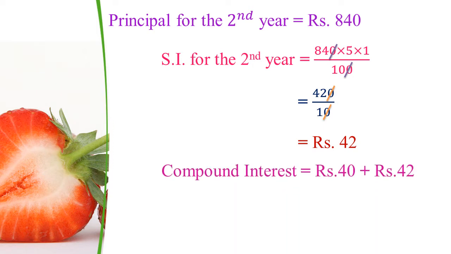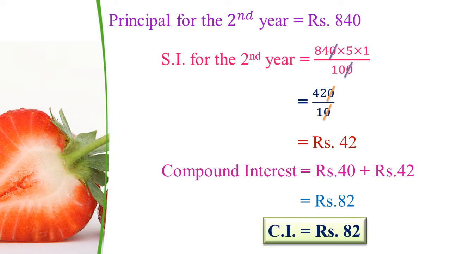The interest for the first year is rupees 40 and the interest for the second year is rupees 42. So rupees 40 plus rupees 42, the compound interest is rupees 82. So CI, that means compound interest is rupees 82.